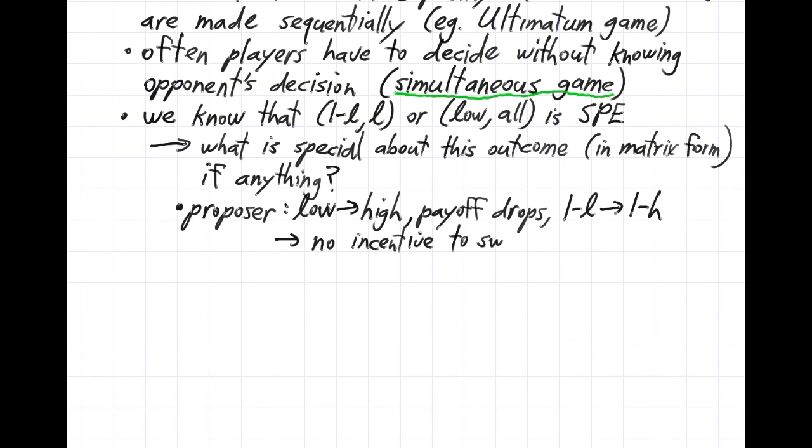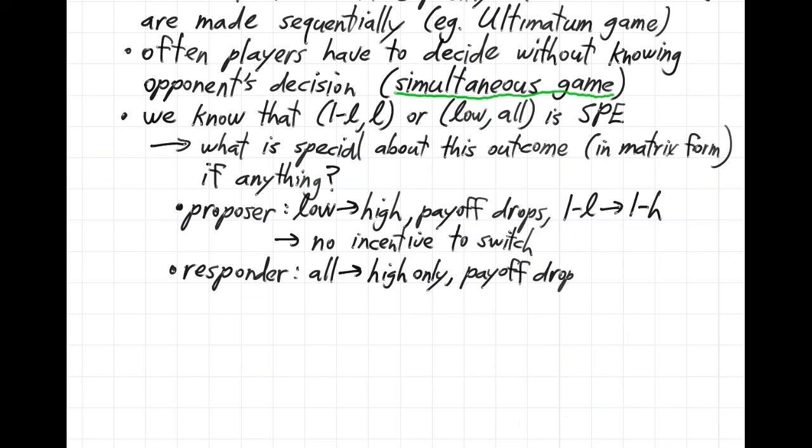How about the responder? If they switch their strategy, so instead of playing accept all, they play high only, then again, their payoff drops because they reject the offer. So instead of getting L, they would now get nothing. So again, there's no incentive for this player to switch strategies.